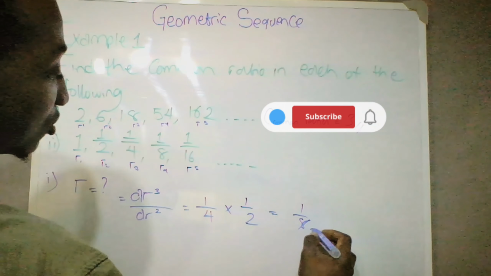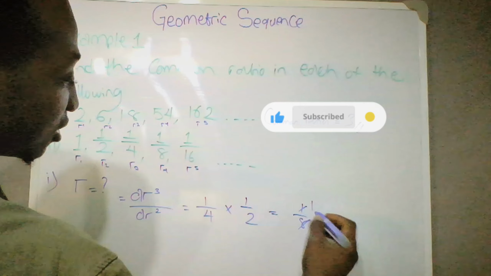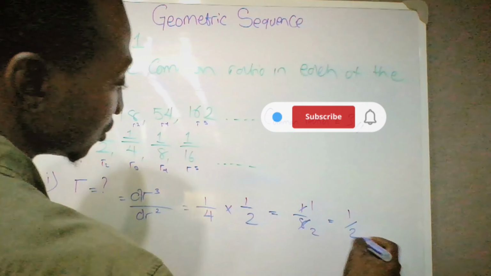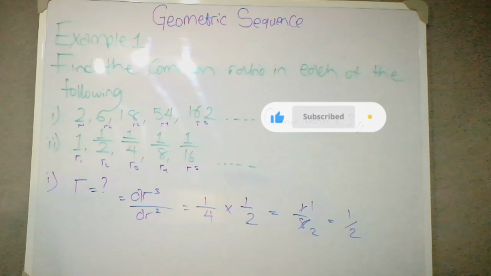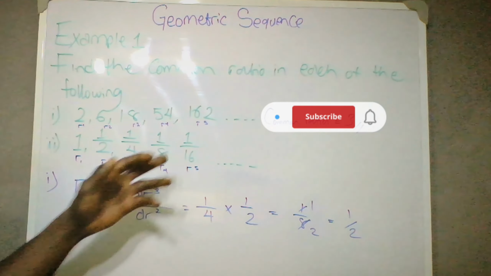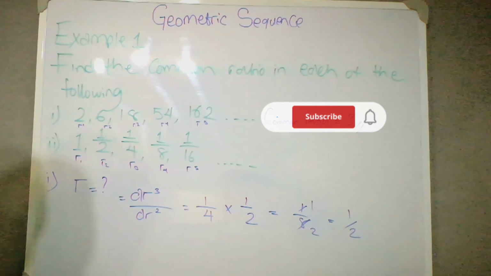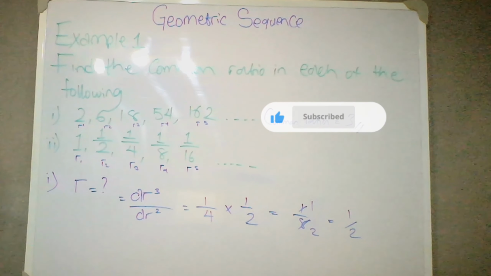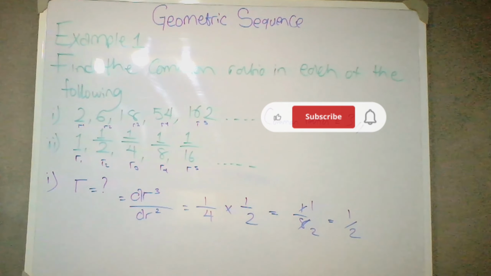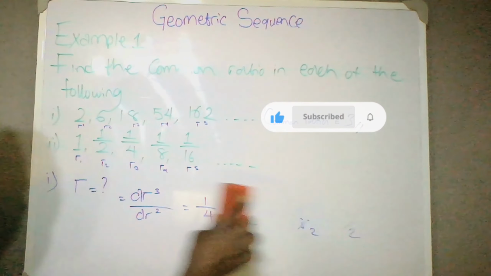So it is still 1 over 2. If you try the same thing with the others, that's how it goes. We are good to go.